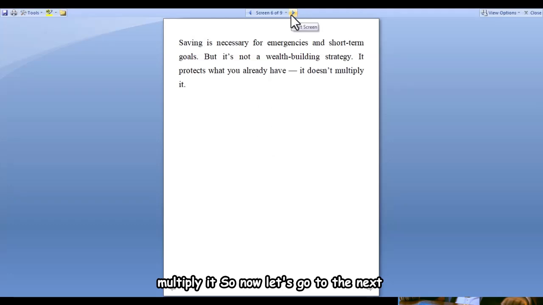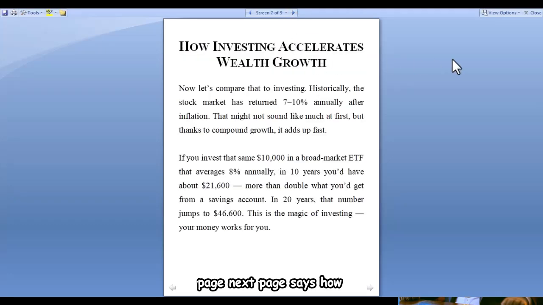So now let's go to the next page. The next page here says how investing accelerates wealth growth. So now let's compare that to investing. Historically, the stock market returned 7 to 10% annually after inflation. That might not sound like much at first, but thanks to compound growth, it adds up fast.